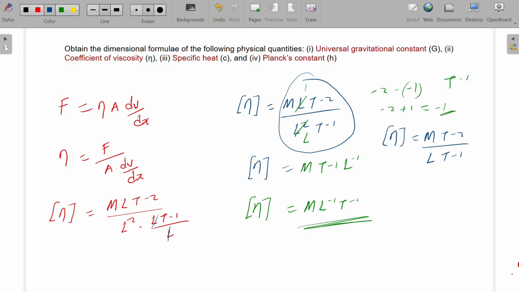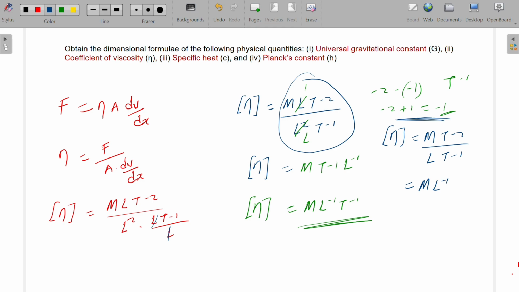When you reach this stage now, the common variable that we have is basically T. So now this is where this process comes in. After we subtracted, we found that our power will be minus 1. So this will be equal to M. Then when we take this L on top, since it's down, it's going to have a negative power.